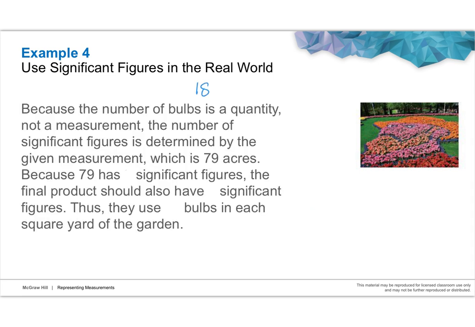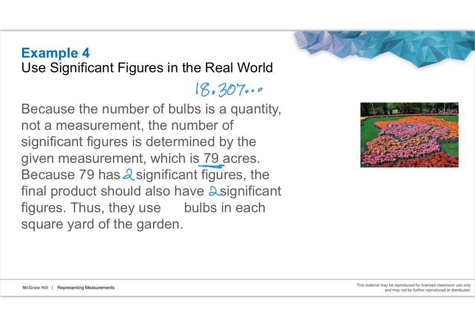So again, taking that number that we just came up with from our calculator division, we're doing sig figs on this. So the number of bulbs is a quantity, a counted number, not a measurement like the 79. And so we're going to determine our sig figs from the given measurement, which is 79. So we know that 79 has two sig figs, and so the final product should also have two sig figs.